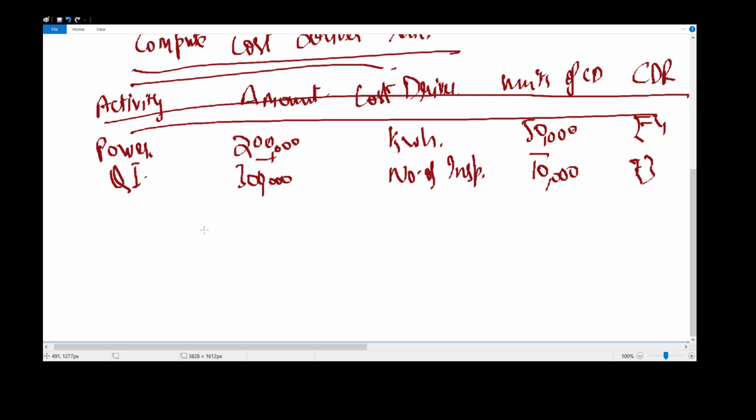Now we have to compute the cost of each product.